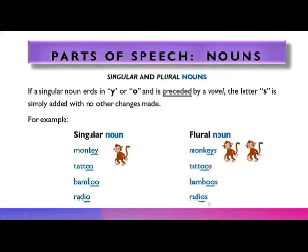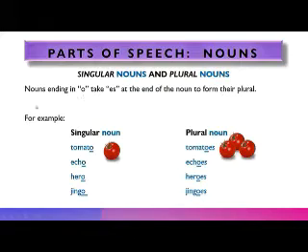Plural noun, bamboos. Singular noun, radio. Plural noun, radios. Parts of speech, nouns. Singular nouns and plural nouns. Nouns ending in O take es at the end of the noun to form their plural. For example, singular noun, tomato.